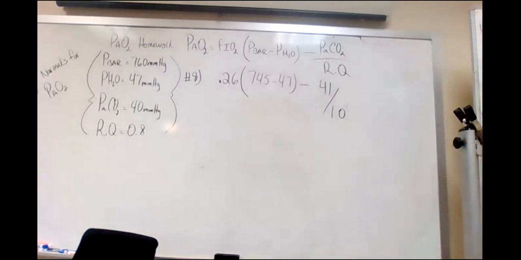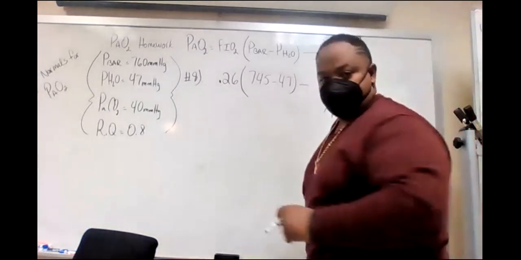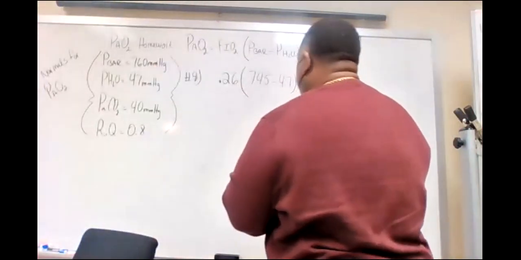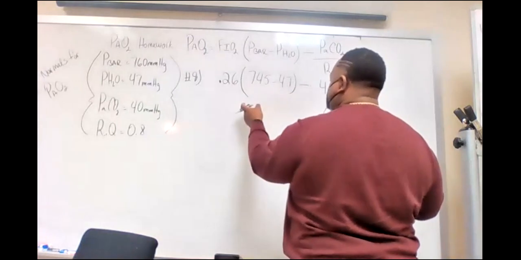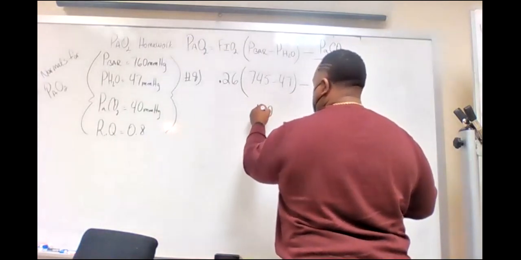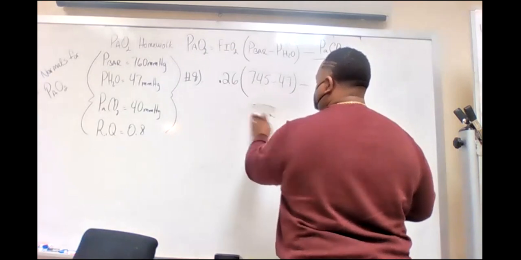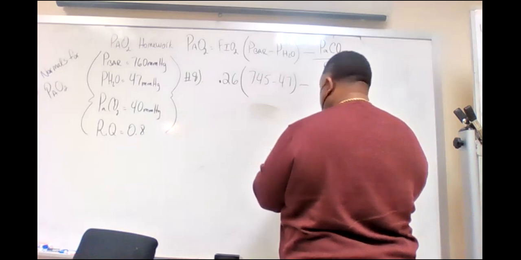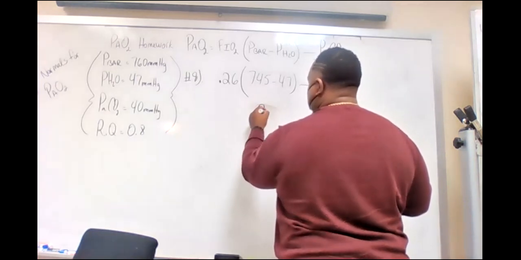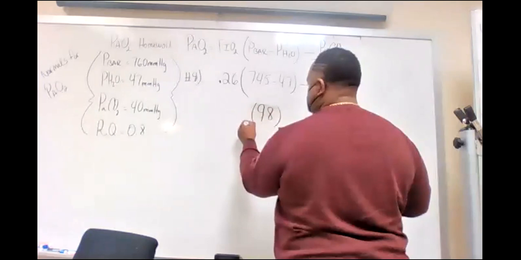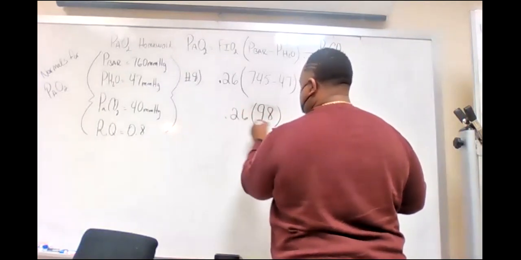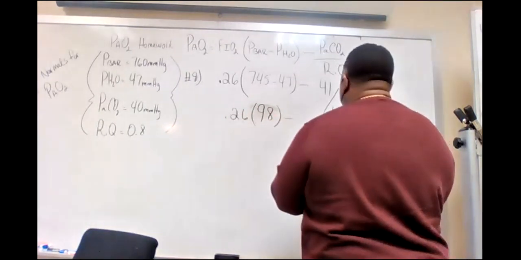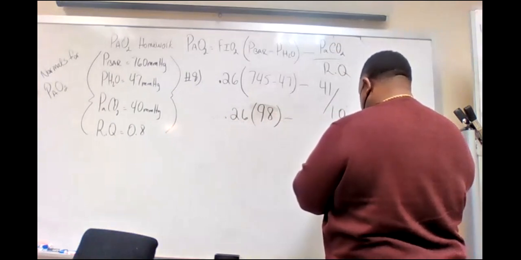All right, what's my calculator? 745 minus 47 is 698. Times 0.26, minus 41 divided by 1, which of course is 41.